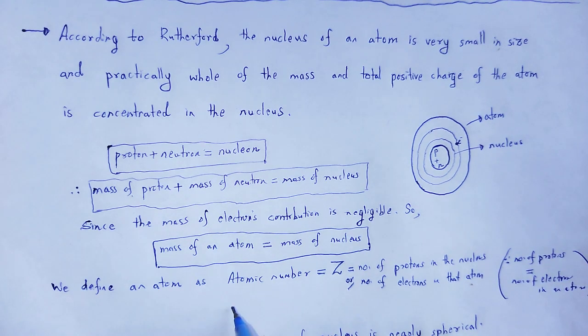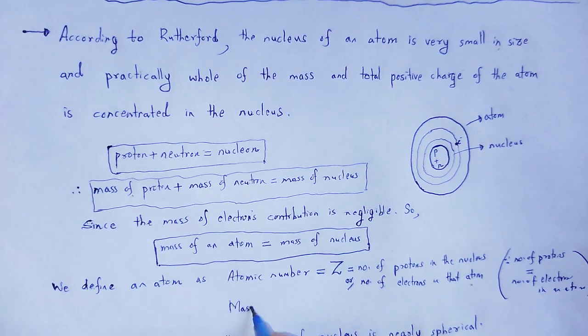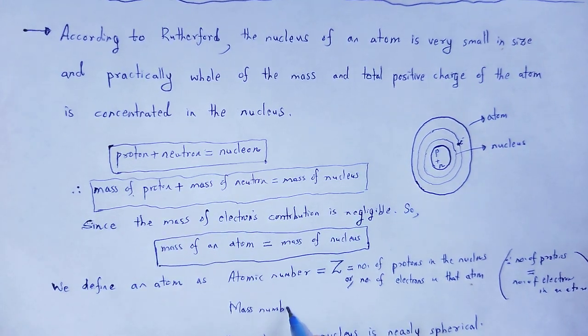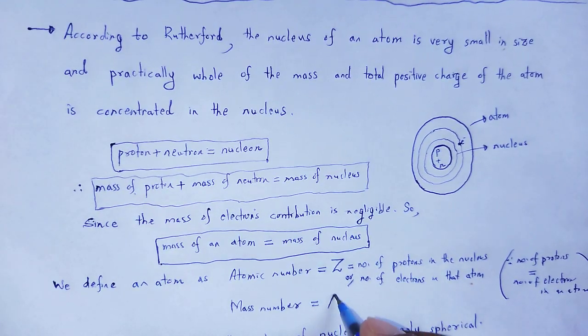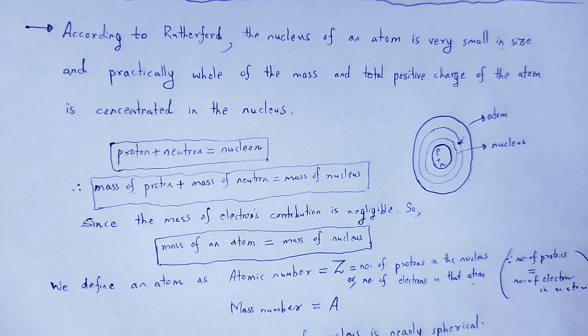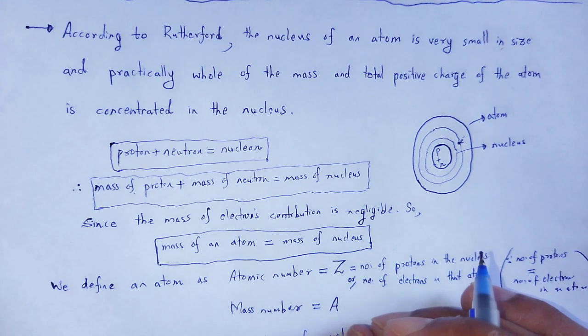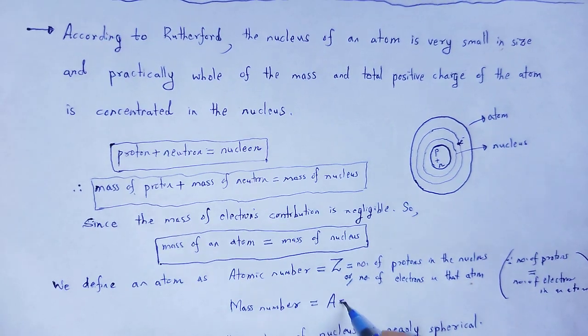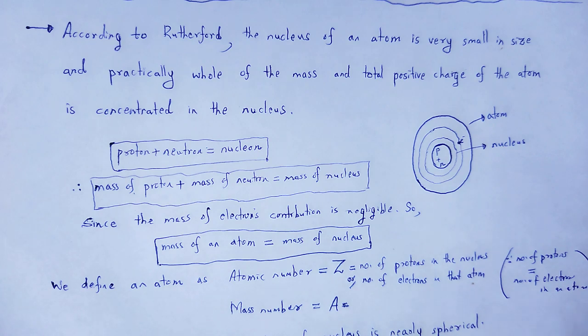Again, mass number, denoted by the letter A, is referred to as the number of neutrons and the number of protons.